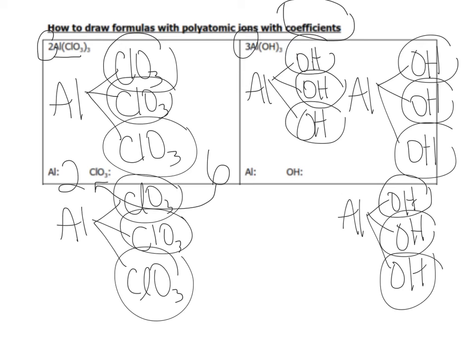And this is just a visual way to see that I have 3 Als. And when I look at OH, I want to look at my groups. So I have 1, 2, 3, 4, 5, 6, 7, 8, 9 groups of OH.